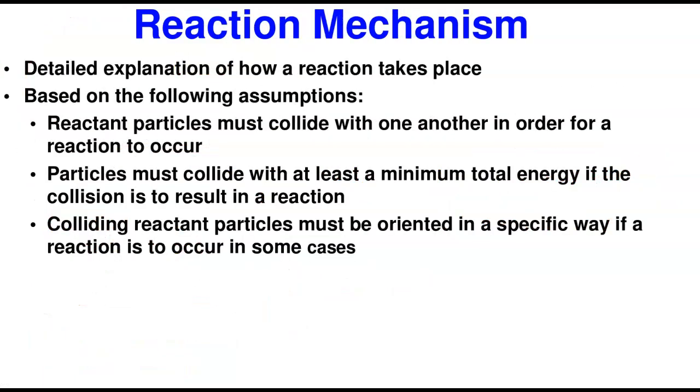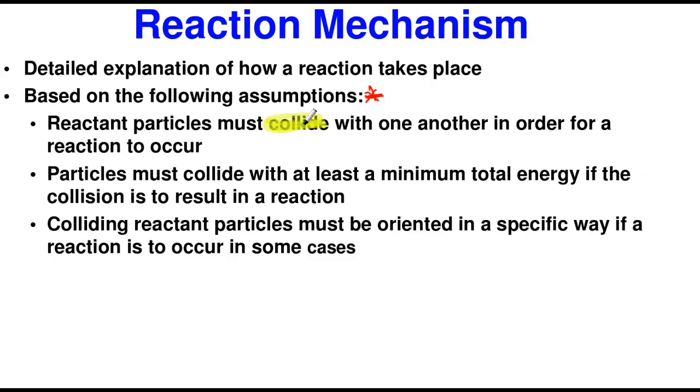So a reaction mechanism simply is a detailed explanation of how a chemical reaction takes place. Now, there are important underlying assumptions that are highlighted here. We're going to talk about them. Number one, reactant particles must collide. Reactant particles must go into a fight for a reaction to occur.